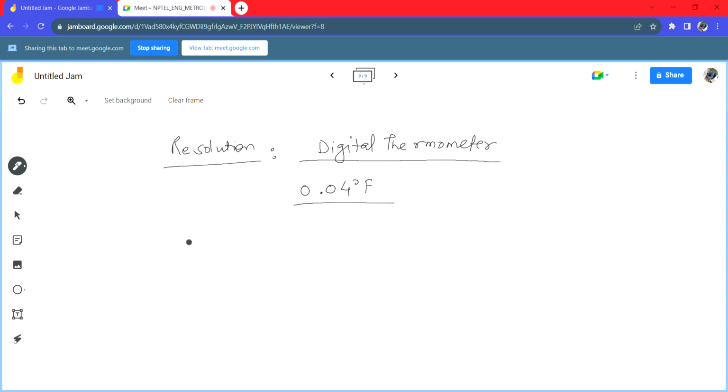The temperature of the body that is being measured is, say, 100.1 degree Fahrenheit. I want you to calculate the error due to the resolution in this value.